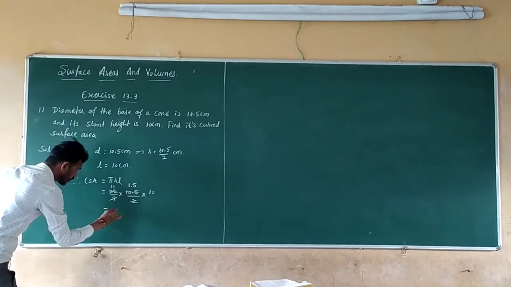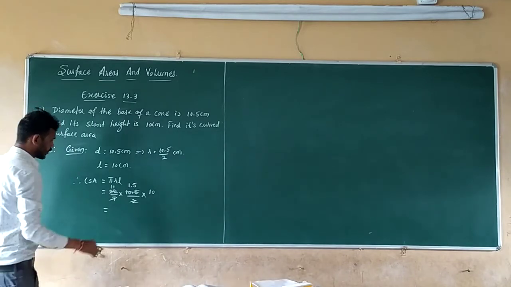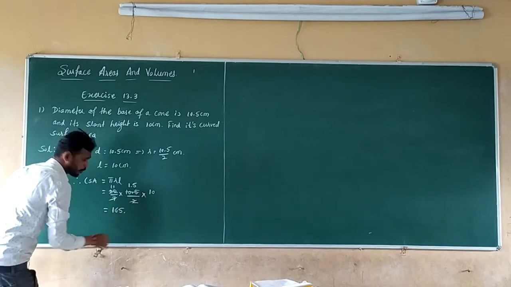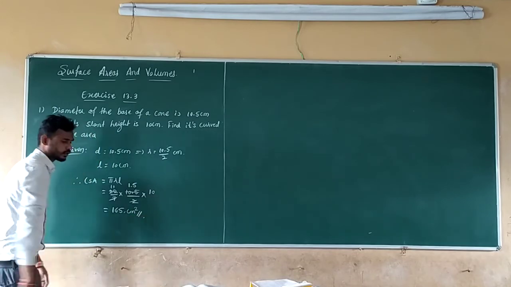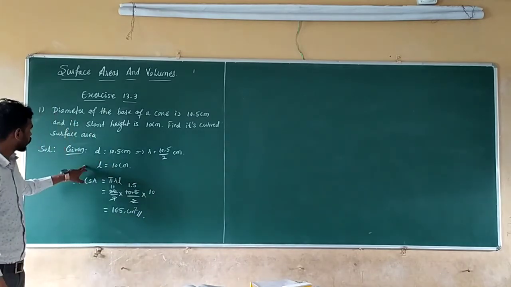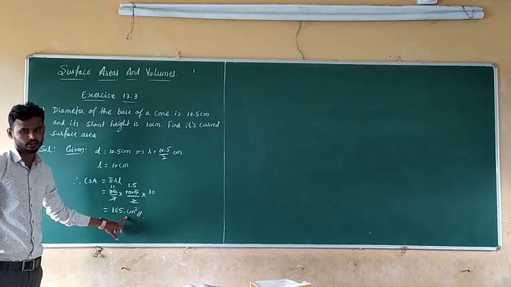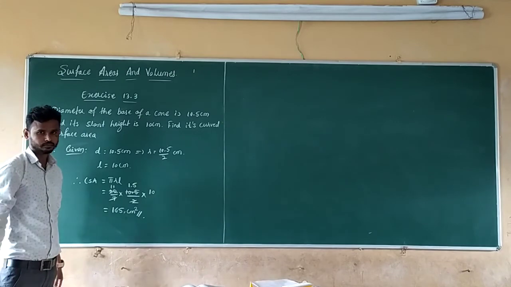So here it is 11 into 1.5 into 10. So we will get 165 centimeter square. So the CSA of a cone is 165 centimeter square. This is the solution of the first question.